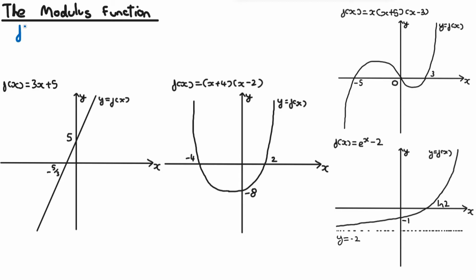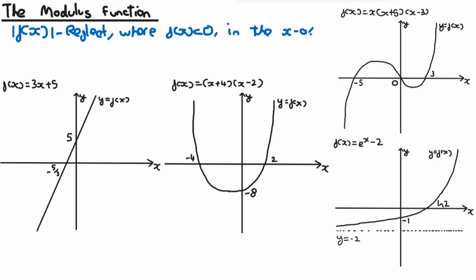So if we have the function f of x, the graph transformation, the modulus of f of x, will reflect where f of x is less than 0, so this is when it's below the x-axis, it will reflect it in the x-axis.